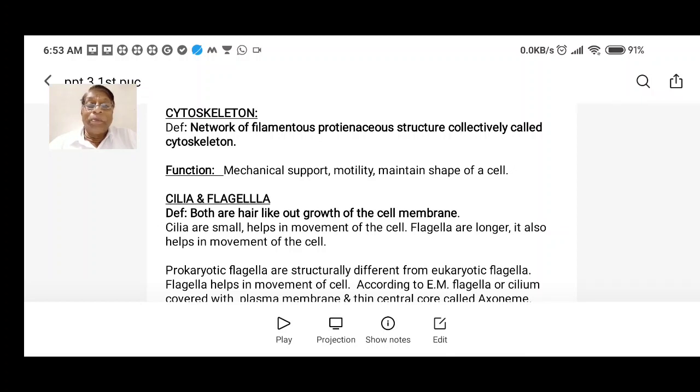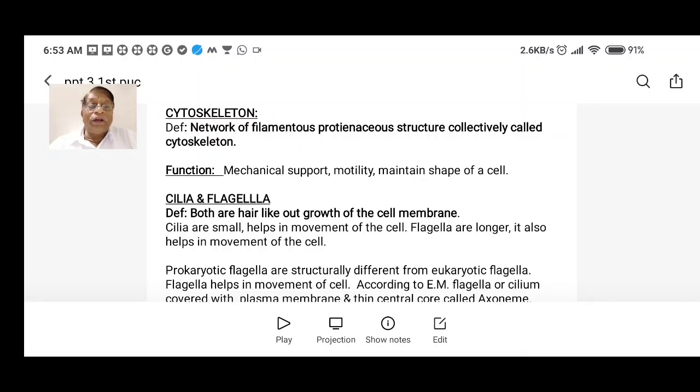It helps in motility of the cell. Motility means the movement of the cell.